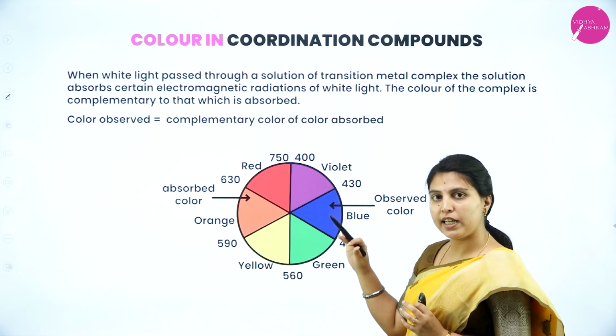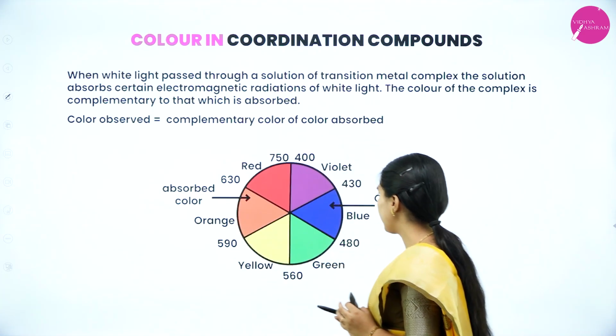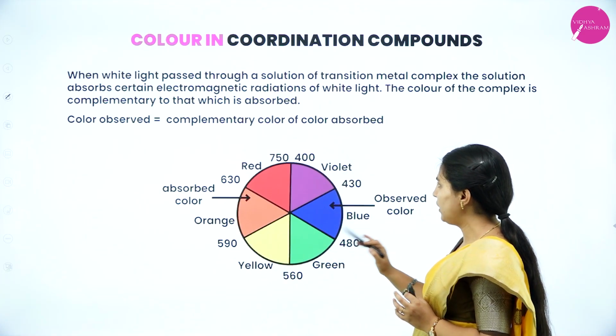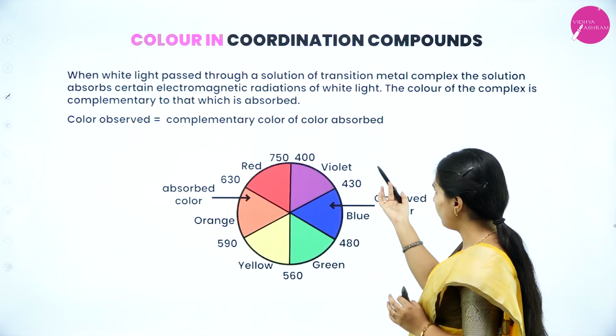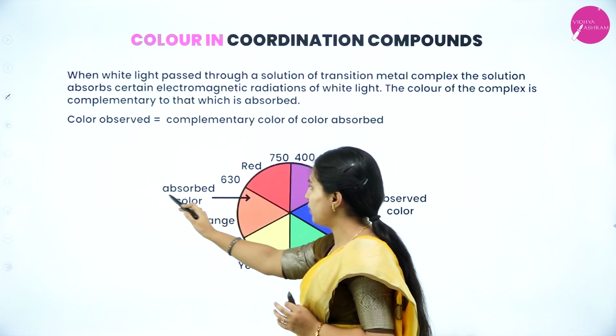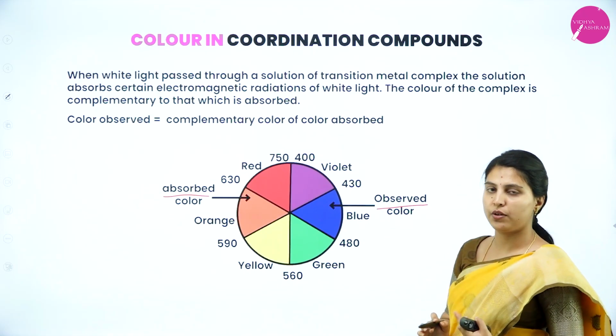If the absorbed color is orange, the observed color will be blue, the opposite color. This is due to absorption, and this is what we are observing.